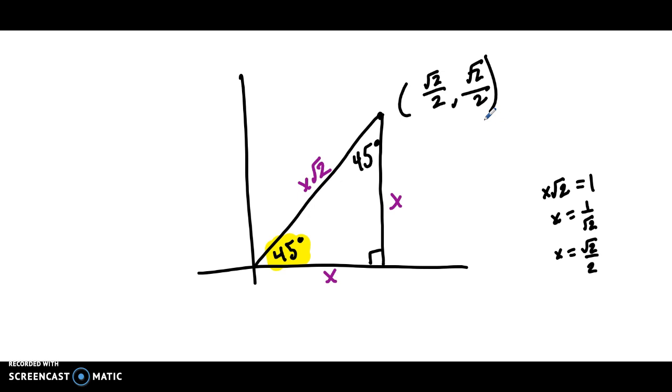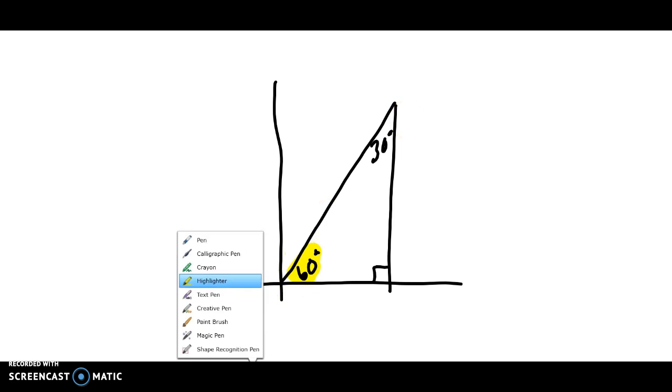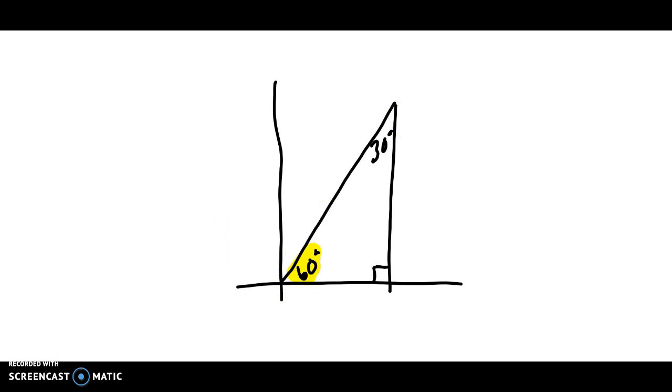Okay, last scenario here that we're going to cover, and then I'll ask you guys to finish the rest. So let's do it when the angle is 60 degrees. Back to a 30, 60, 90 here. Again, I'm just highlighting this angle down here just so we're focused on what is our degree measure on the unit circle that we're focusing on here.